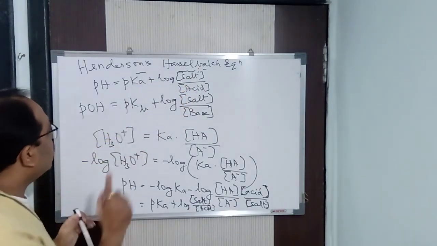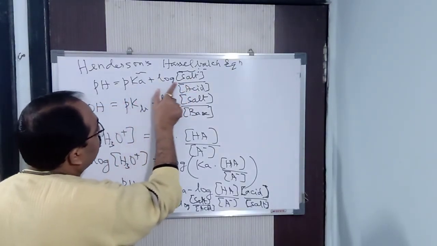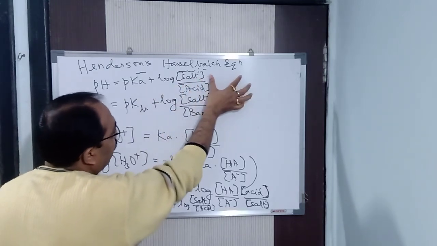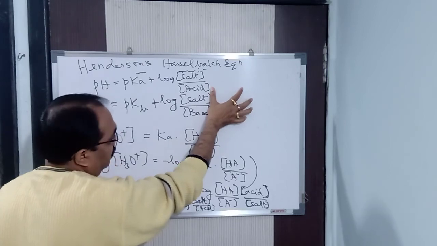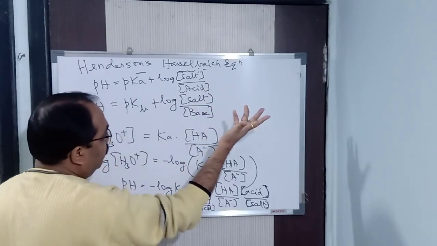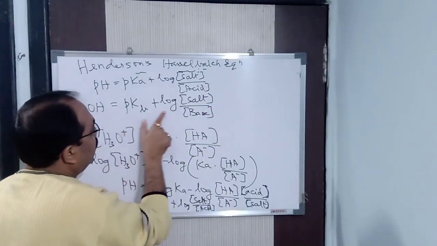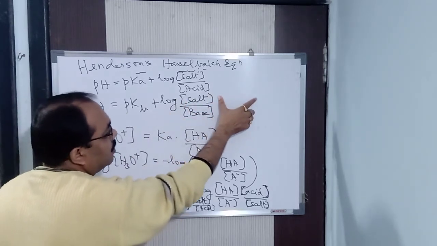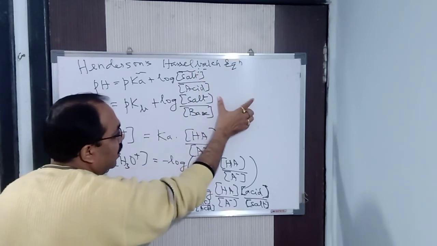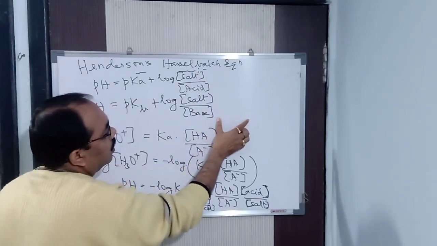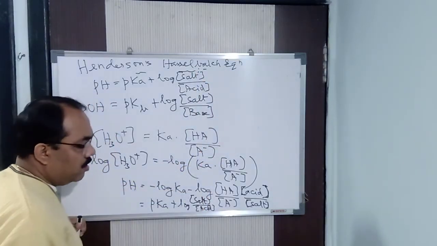Alright? What I am saying to you, pH is equal to pKa plus log concentration of conjugate base by concentration of acid. You read it, conjugate acid and base, I have told you. Similarly, pOH is equal to pKb plus log concentration of conjugate acid by concentration of base.